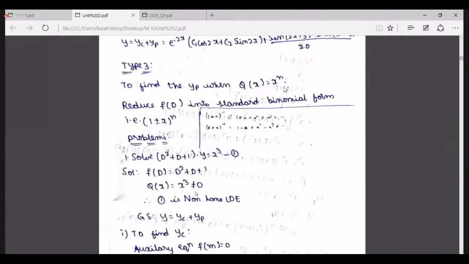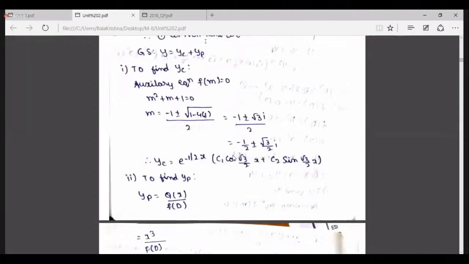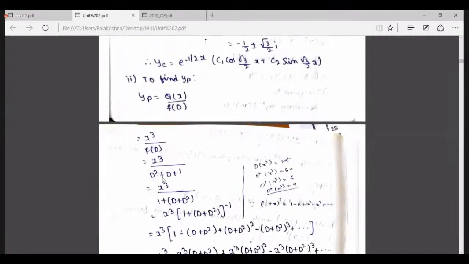So this is the exponent polynomial, you know. When you are given a polynomial, you should express it into standard binomial form, that is 1 plus or minus x whole power n format. That means to reduce this into standard binomial form, you should consider the least degree term of that D as common here. So here if you see x cube by f of D, the degrees are 2, 1 and 0.